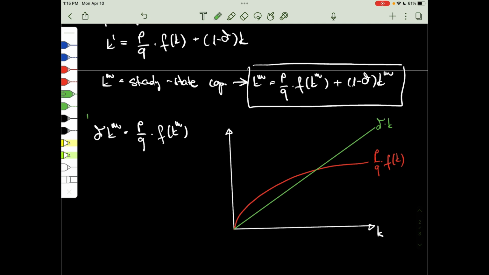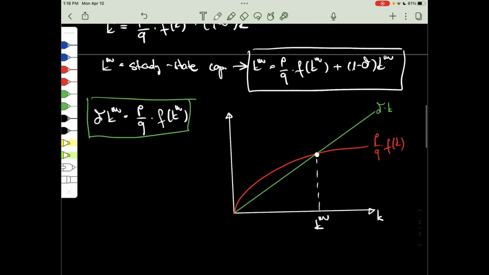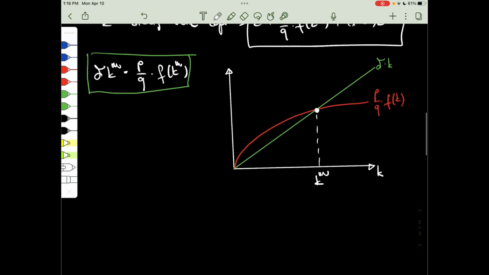And what this equality says is this point. So at this point, output and capital depreciation are the same, they are equal.